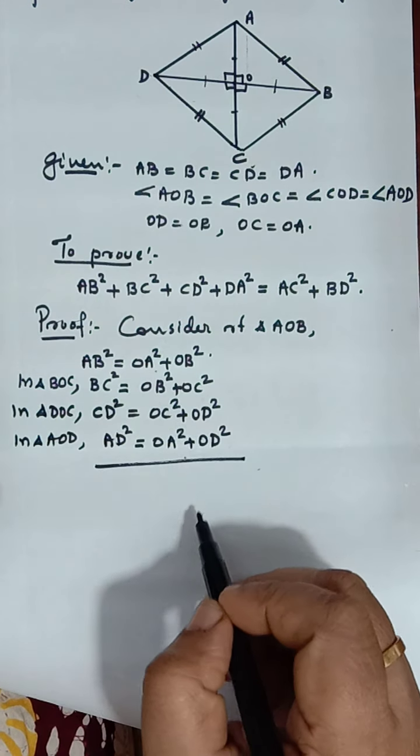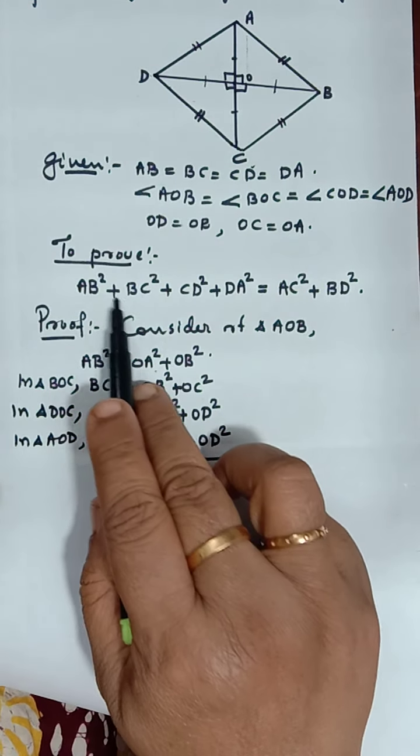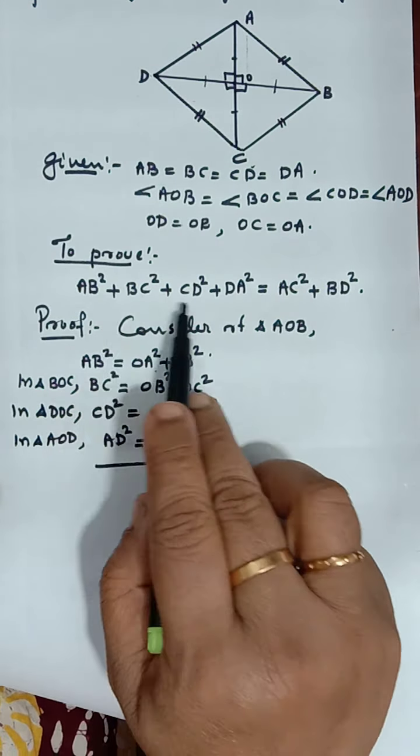Now we are going to add all these because we need the addition on the left hand side. On the whole, the reason is Pythagoras theorem. Okay, now see the addition.